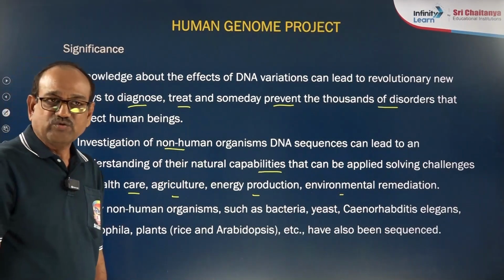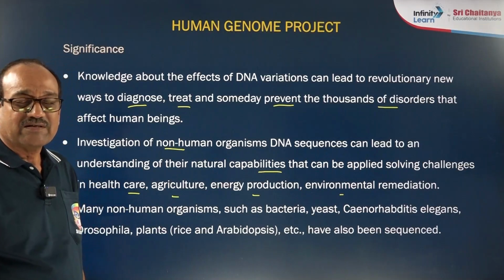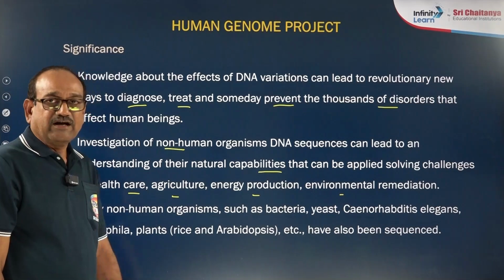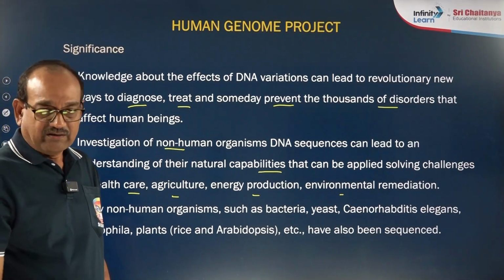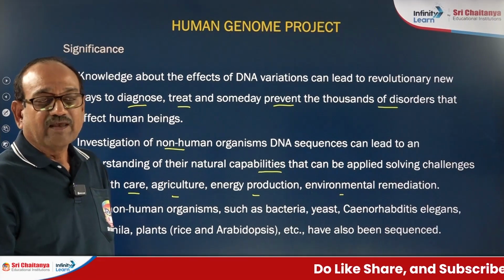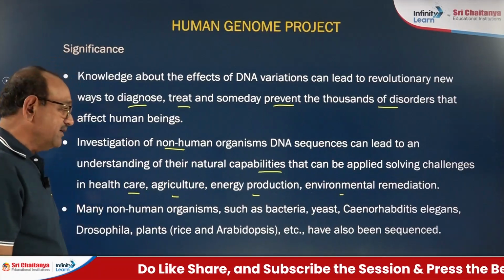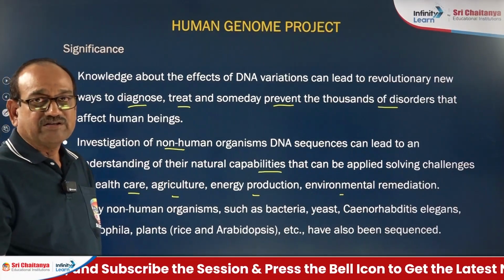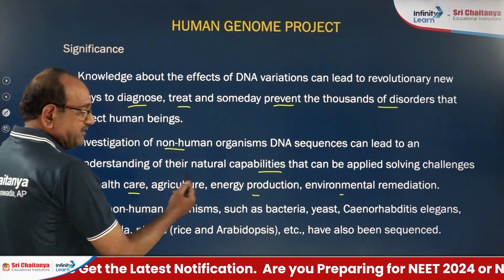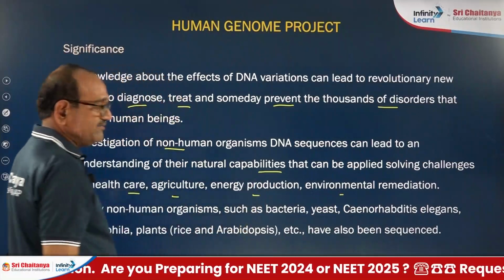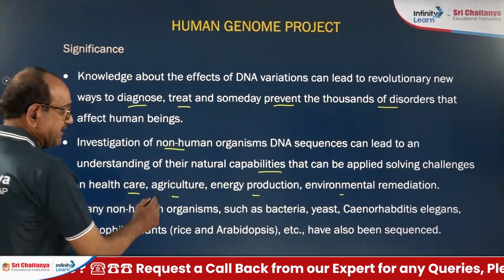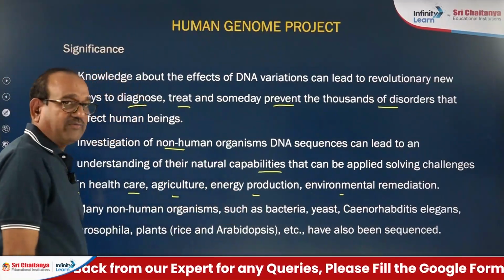Actually, along with Human Genome Project, scientists also sequenced various organisms' DNA like bacteria, Escherichia coli, and other microorganisms like yeast, Saccharomyces, plants like Arabidopsis thaliana and rice, Oryza sativa, and other primates like chimpanzee, gorilla, etc. For what purpose? To understand these organisms' natural capabilities, which may help in solving various challenges in our healthcare, agriculture, energy production, environmental remediation.